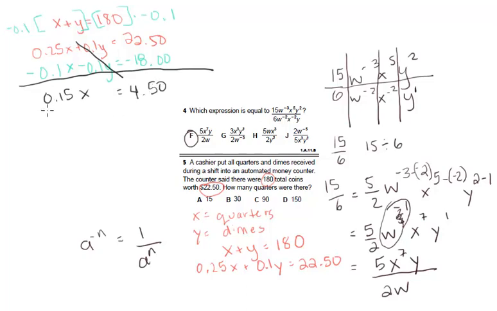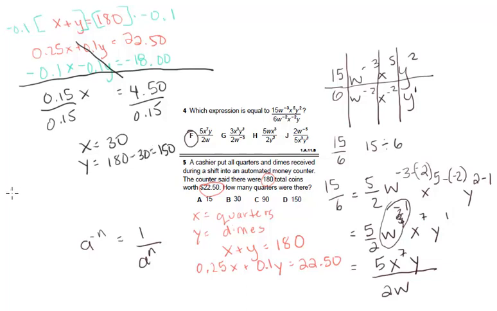If I divide both sides by 1/500, then I would get x is equal to 30. If x is equal to 30, that means y is equal to 180 minus 30, which is 150.